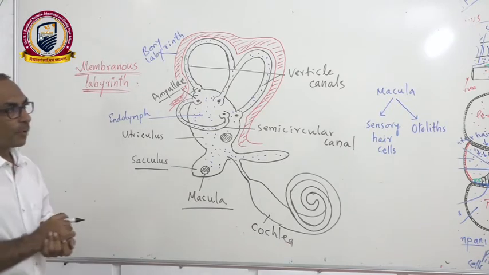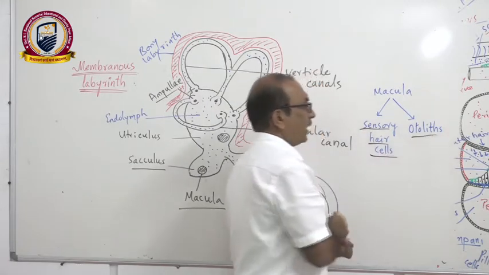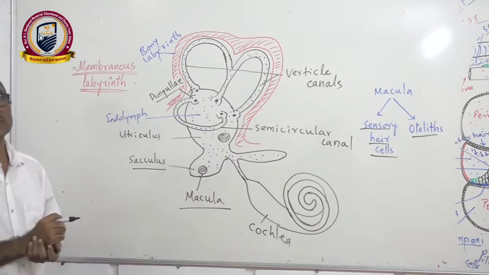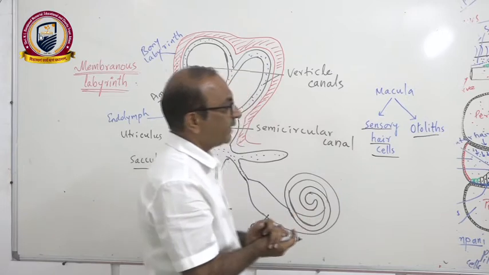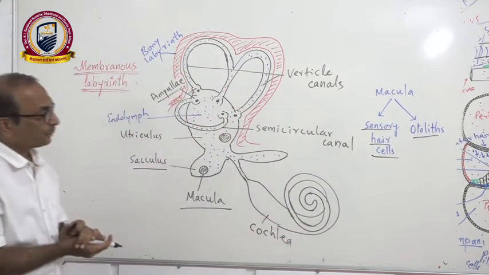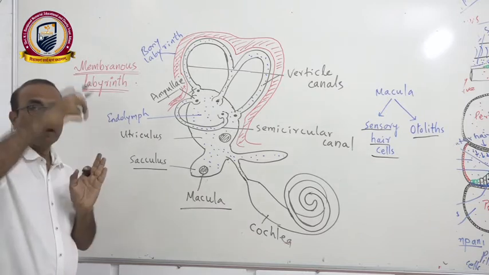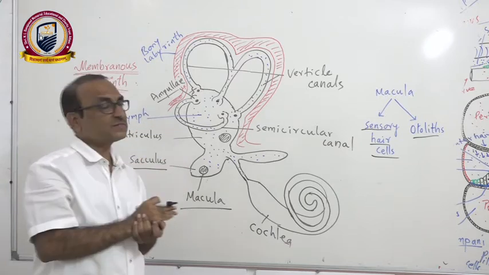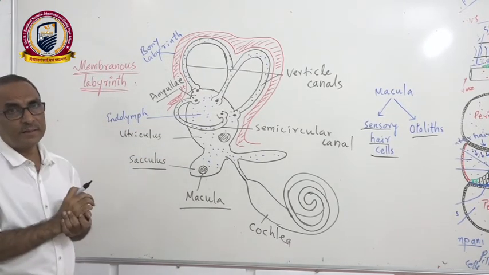Maculae are made up of sensory hair cells and otoliths. Otoliths are bead-like substances, and the sensory hair cells are epithelial cells with tufts of cilia, that is, bundles of cilia at their free ends, and these are embedded in a gelatinous material.